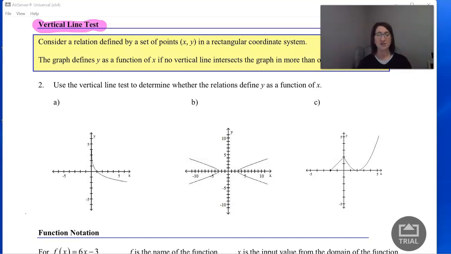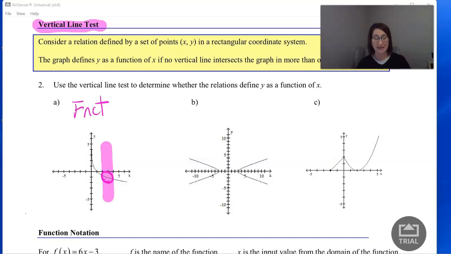And all we're going to do is draw a vertical line through that graph. It doesn't matter where you draw it. When we draw that vertical line, as long as we are only going through the graph at one location, then it is a function.